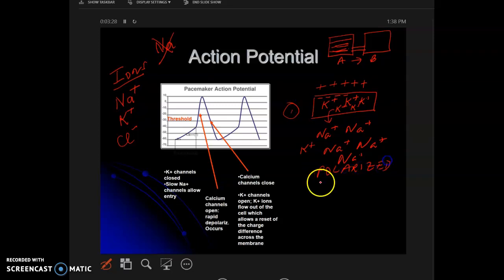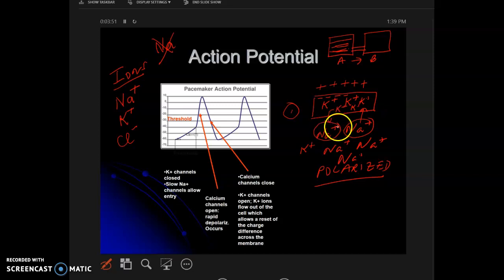And the cell is said to be polarized. Now when a stimulus comes, these sodium ions rush inside via sodium channels. Sodium channels are membrane proteins. They will allow only sodium to pass through. So sodium is going to rush inside.